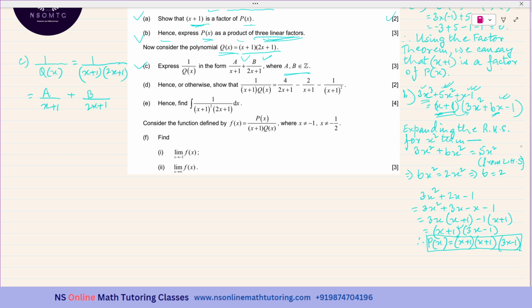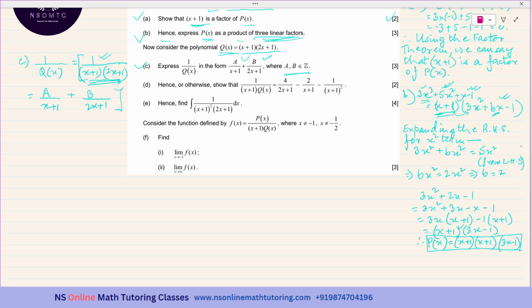Then I am multiplying the entire equation by x plus 1 times 2x plus 1. The numerator will be 1 and these will be getting cancelled.